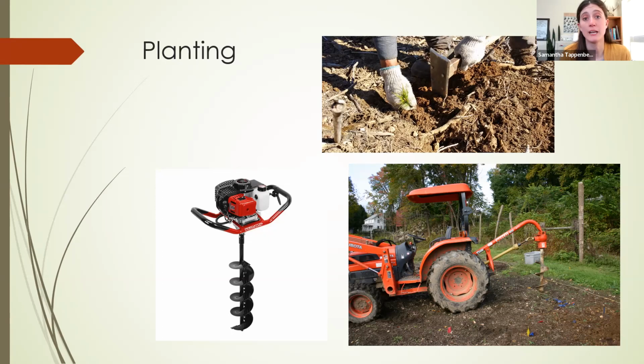So you want to dig holes at the time of planting, and then use the tools that will help plant efficiently but prevent soil compaction. So I love a gas-powered soil auger. I mean, you can do a very efficient planting project with that. It works really well with the right bit size for the various container sizes that the Conservation Seedling Nursery has available.